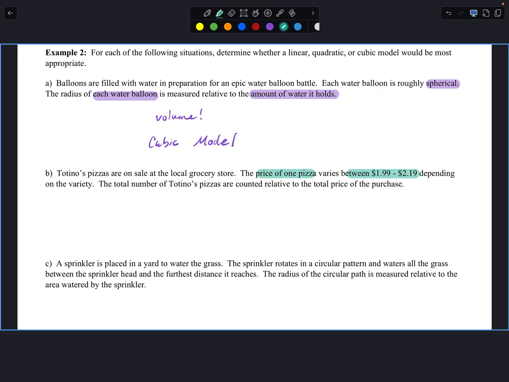You're going to owe more money or less money? More money. So the more pizzas you buy, you agree the total is going to go up, right? So what type of model is this? Linear. Okay, so this is a linear model. The way you know that is it's roughly a constant rate of change.